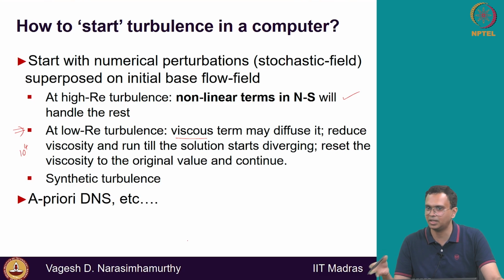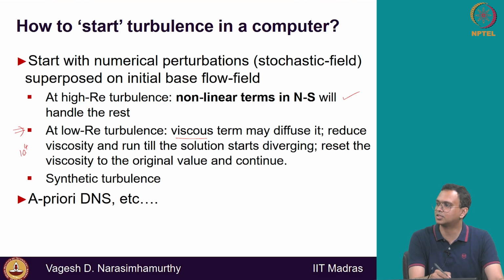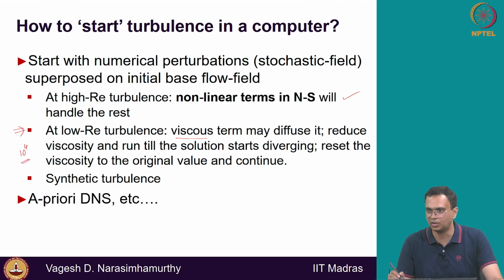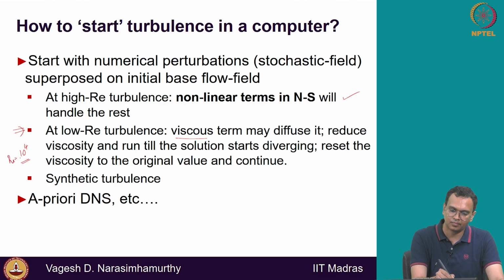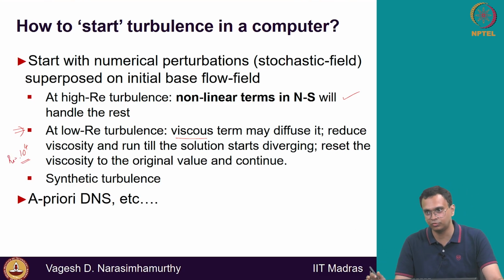Just before, let's say, it crashes, you will have some flow field which will have a lot of perturbations, looking like a lot of random noise. Use that as the initial condition to reset the Reynolds number to 10 raised to 4. You can artificially take it to 10 raised to 6, save that flow field, take it as the initial condition for the actual 10 raised to 4 Reynolds number case, then run further, and hopefully turbulence will sustain.